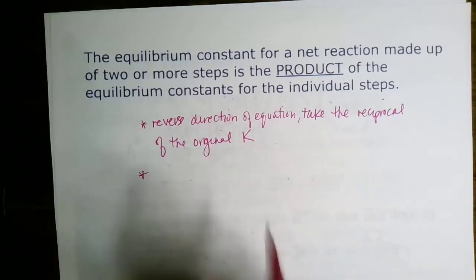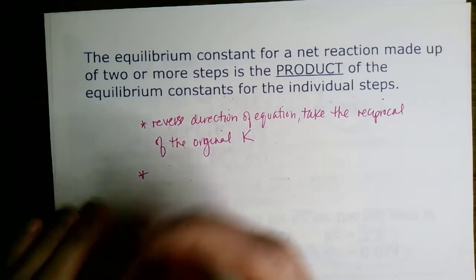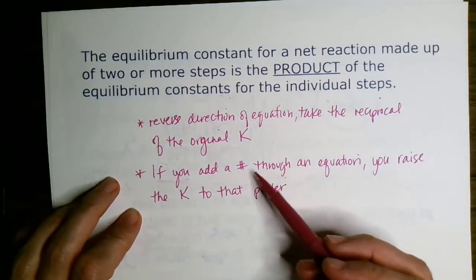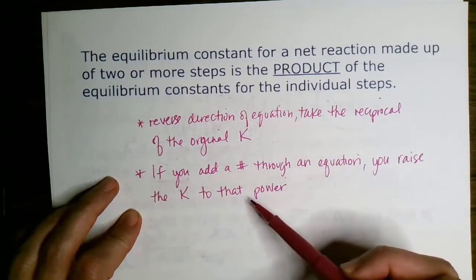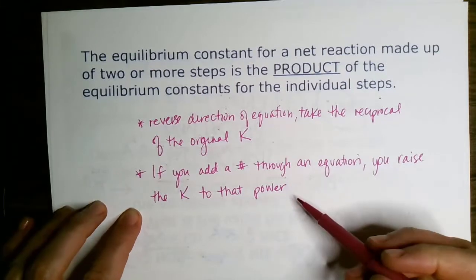Number 2, important takeaway: if you multiply a number through the equation, you need to raise that K constant to that power. So in that example before, when we multiplied 3 throughout it, we then had to take our K and raise it to the power of 3.